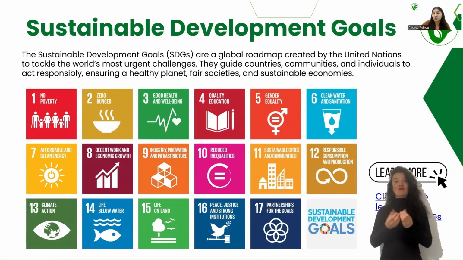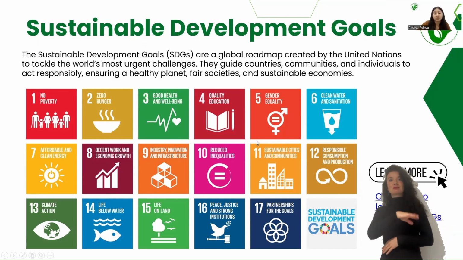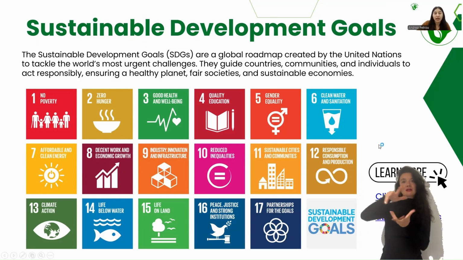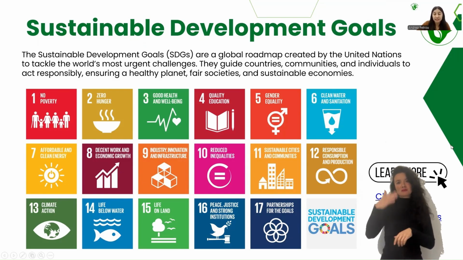Here is a short introduction to Sustainable Development Goals. The Sustainable Development Goals are a global roadmap created by the United Nations to tackle the world's most urgent challenges. They guide countries, communities, and individuals to act responsibly, ensuring a healthy planet, fair societies, and sustainable economies. You can learn more about the 17 Sustainable Development Goals in the link here by clicking on it.